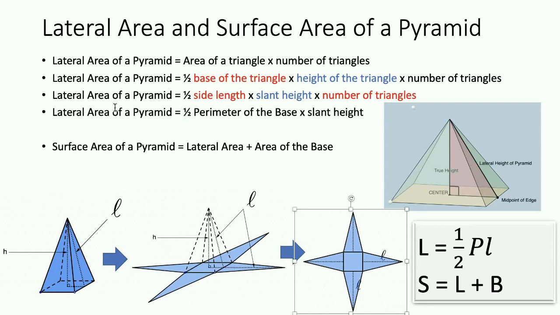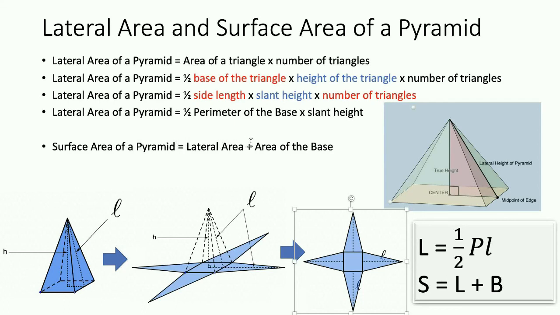So the lateral area of a pyramid turns out to be 1/2 the perimeter of the base times the slant height. So there it is in words. Here it is in variables. Lateral area equals 1/2 the perimeter of the base times the slant height, remembering that L means slant height. And then the surface area of a pyramid is really easy once you have that. It's just going to be your lateral area plus the area of the base.